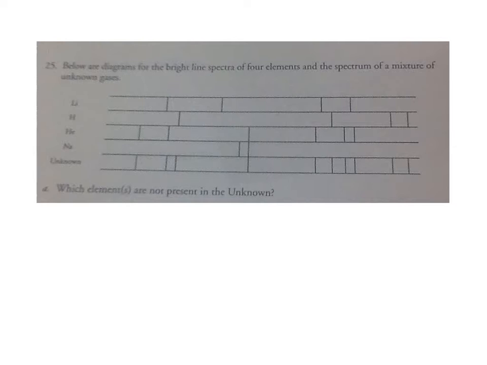They do not line up with lithium. Helium has got what, 5 bands? Because one is like connected down. Oh, no, it's not connected down. It's got 6, yeah, sorry. And then sodium has 2.